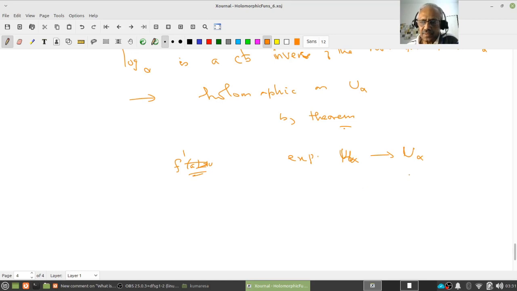Therefore, if my z is exponential of w, then what is exponential prime at w? It's exponential of w itself, which is non-zero. Therefore, the hypotheses of the theorem are checked. The derivative is non-zero and the inverse function is continuous. Therefore, I can apply the theorem. I conclude log alpha is holomorphic. Isn't it good?